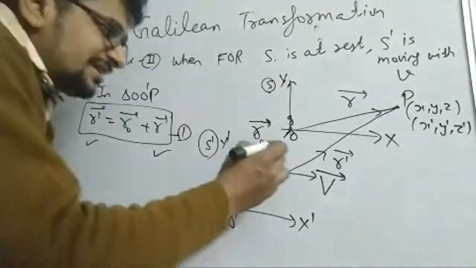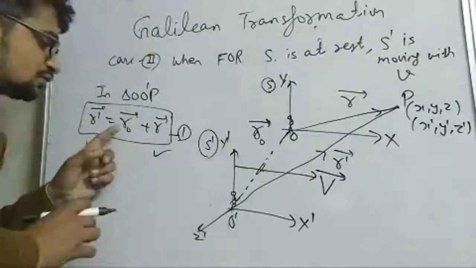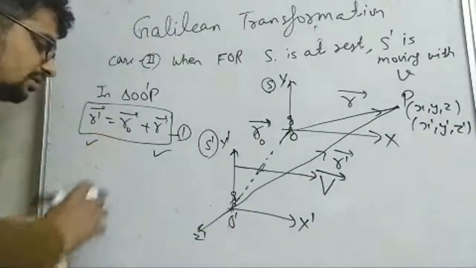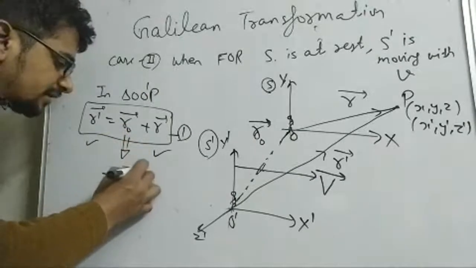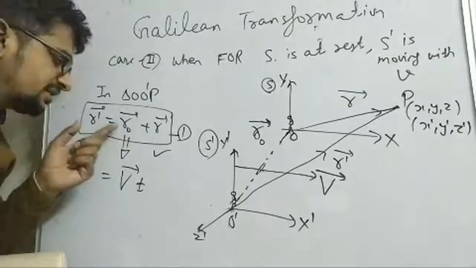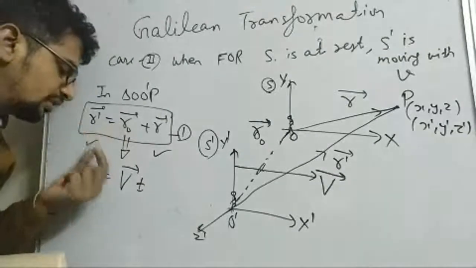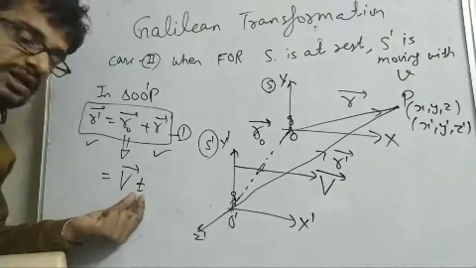So this distance between both observers, which was r naught vector, is now represented by V vector times t, because mathematically distance is always equal to speed into time.